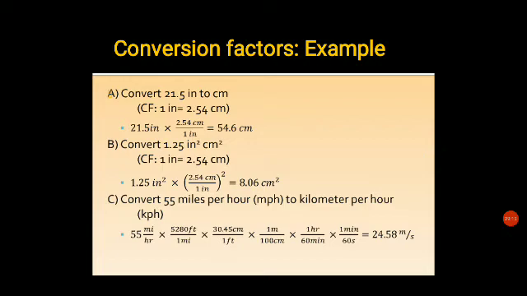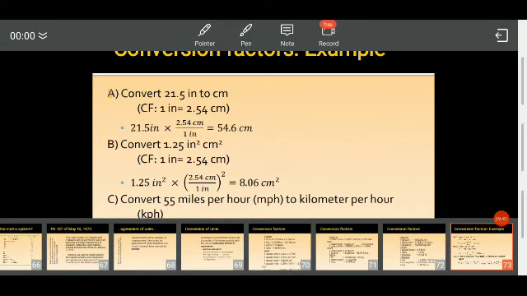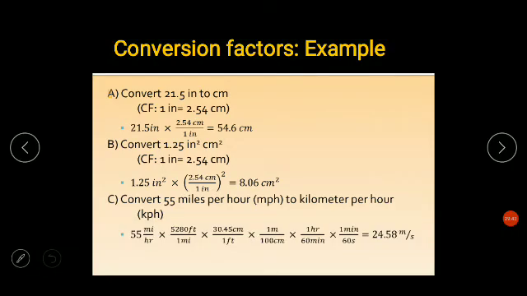Because we are after the centimeter unit, we put the centimeter unit in the numerator. Since we want to eliminate the inch unit, we put the said unit in the denominator so that it expresses as 1. So you will have 54.6 centimeters, and you cancel out the unit inches.